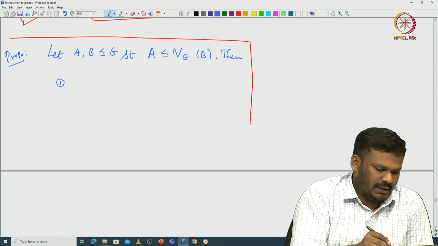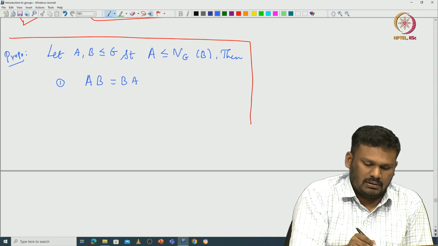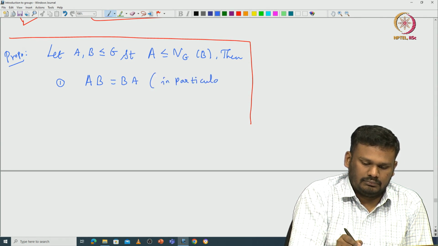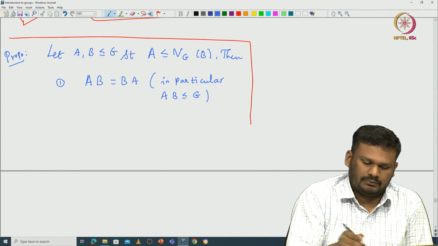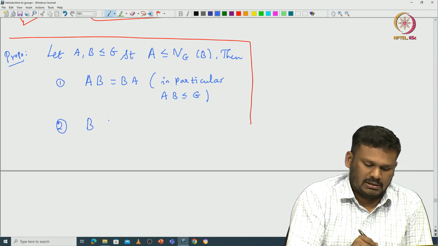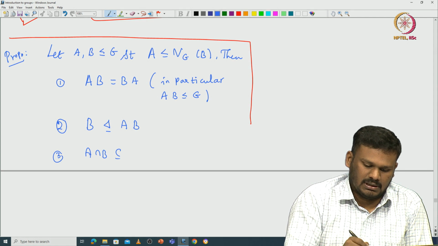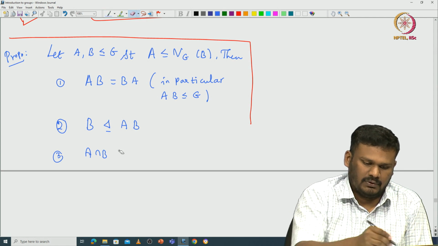We want to claim that AB is equal to BA. In particular, AB is a subgroup of G. The second thing is that B is normal in AB. The third thing is that A intersection B is a normal subgroup of A.